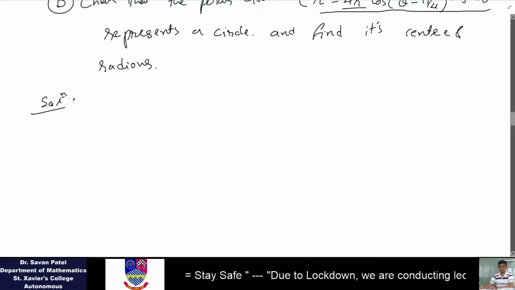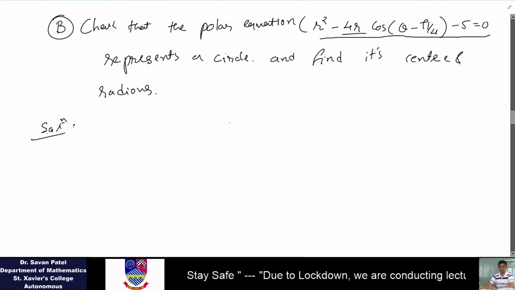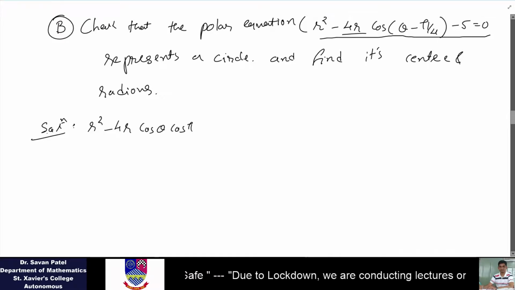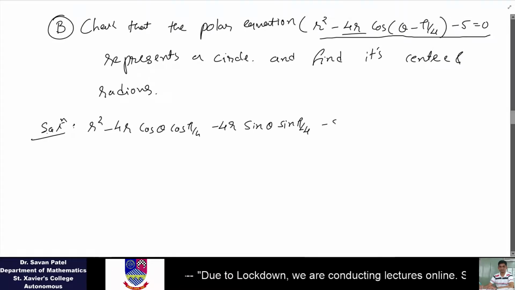So here I am keeping the usual way, that is r square minus 4r cos(theta minus alpha), that is cos theta cos pi by 4 minus 4r sin theta sin pi by 4 minus 5 is equal to 0.